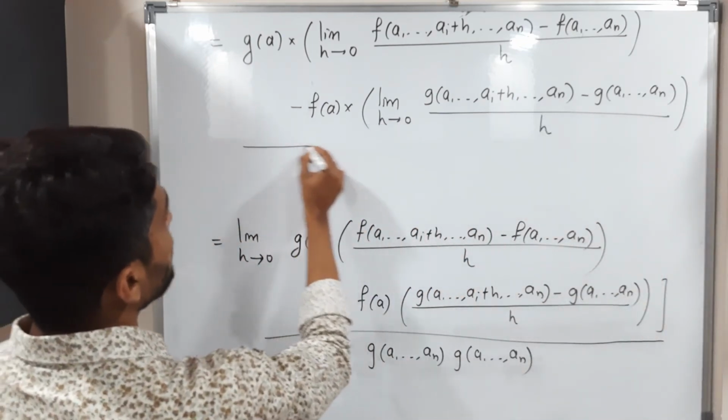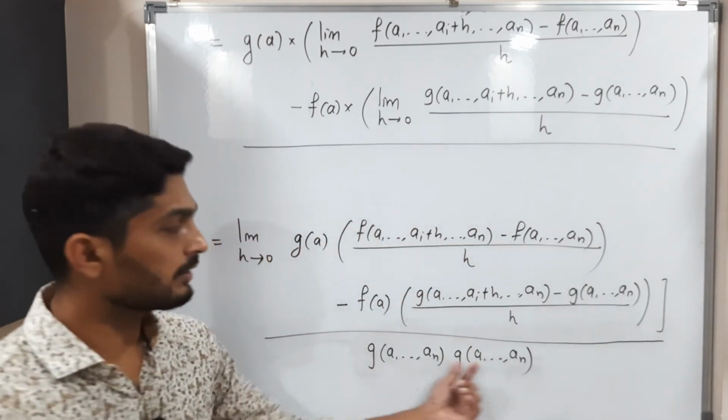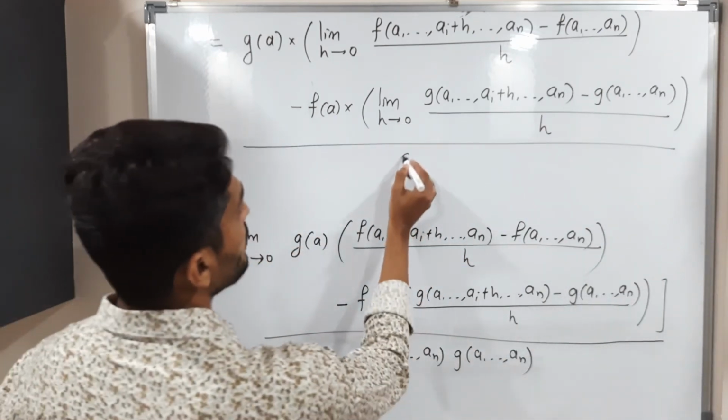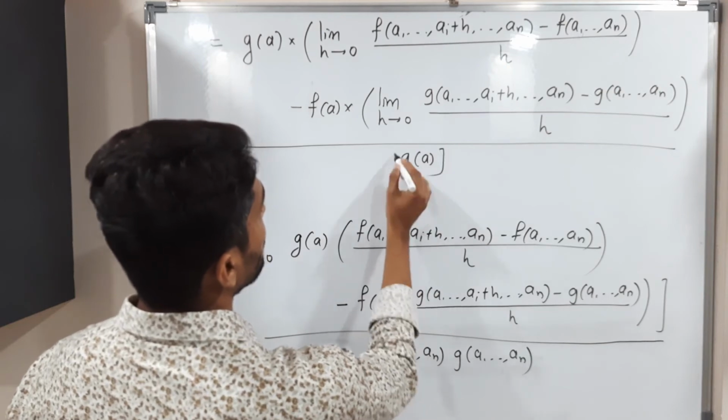And in the denominator, what we are getting, this is g of a and this is also g of a, both of them are the same, so that's why I can write g of a square.